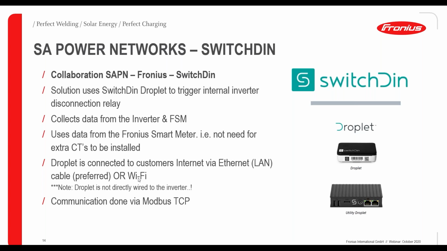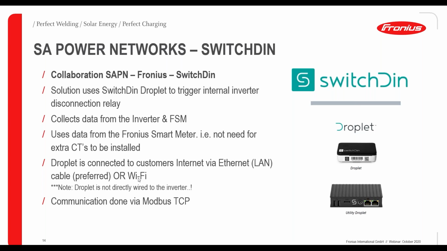One of the advantages is the installation. You install it to the customer's network, preferably via a LAN cable. You can do Wi-Fi, so you're not physically connecting this droplet to the inverter, so you don't have to mount it in the inverter.